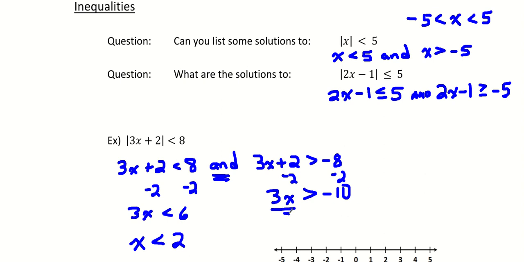So then we divide both sides by 3, and we get x is greater than negative 10 thirds, which is about negative 3 and a third. So that would be right there-ish or something. But we're greater than that, and at the same time, yeah, this is going to be an in-between thing. Shocker.